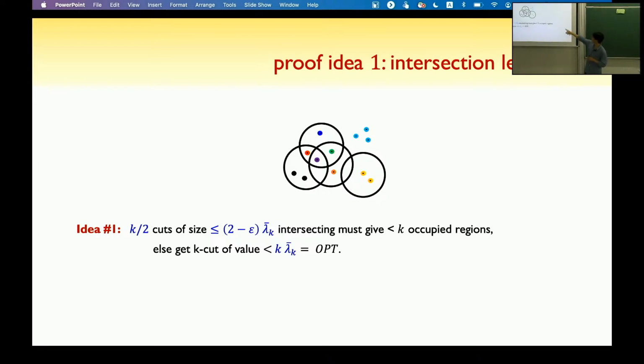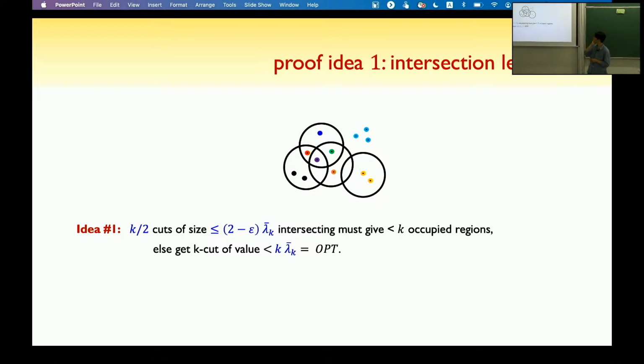If there are at least k occupied regions, then it already partitions the graph into at least k connected components, which is a valid k-cut. But if you count how many edges we deleted, we only deleted k over 2 small cuts, and each small cut is just slightly less than lambda k bar.